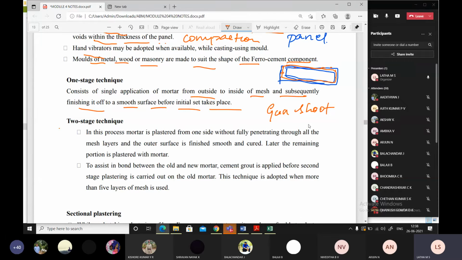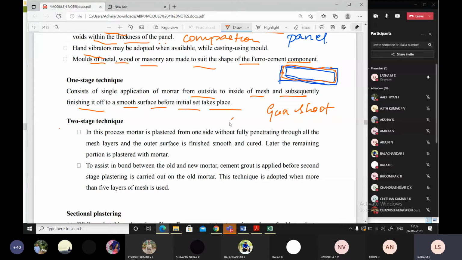In gun shoot concreting, students, you fill the gun with the concrete. Fine concrete it is. Okay, that means consisting of sand with a fine material. You have to shoot that on the mesh. It will get automatically set. The retarders will not be added to the huge volume, but it will be set very quickly.